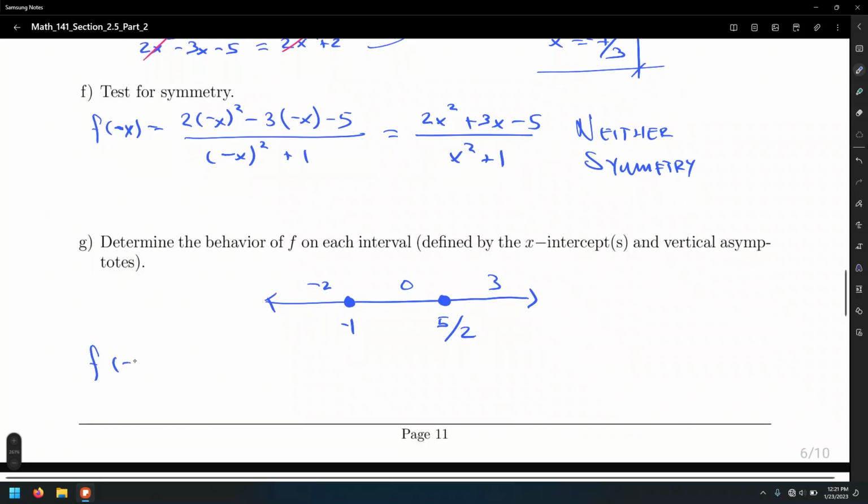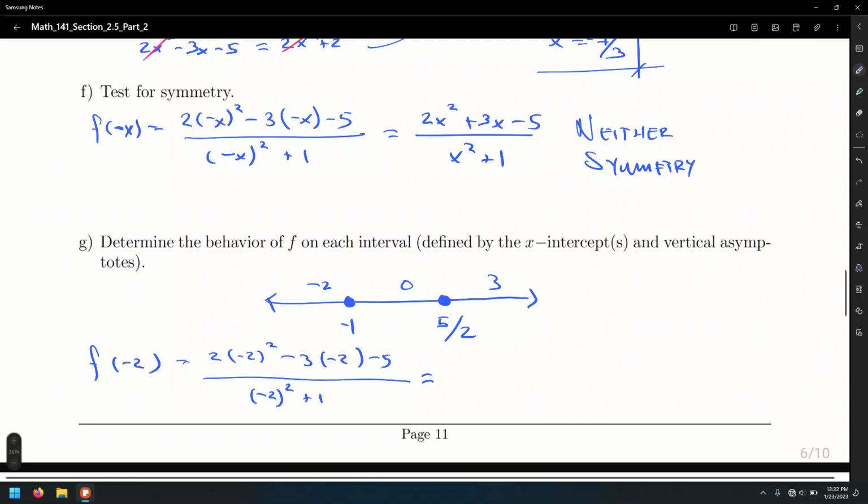So f of -2, which happens to be, let me go back, 2 times -2 squared, plus -3 times -2, and then -5, and then divide this by -2 squared plus 1.